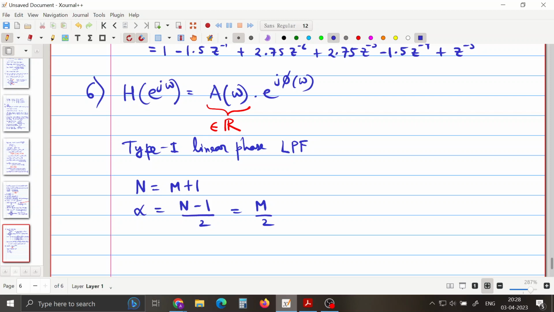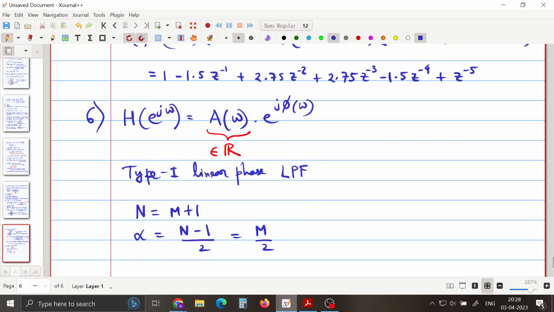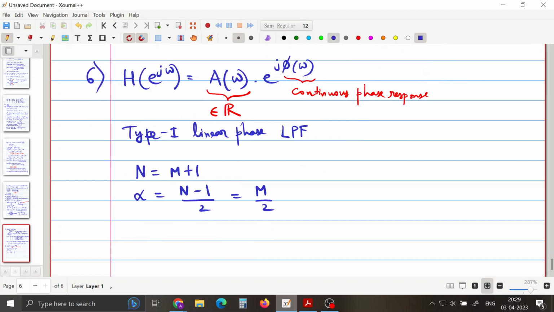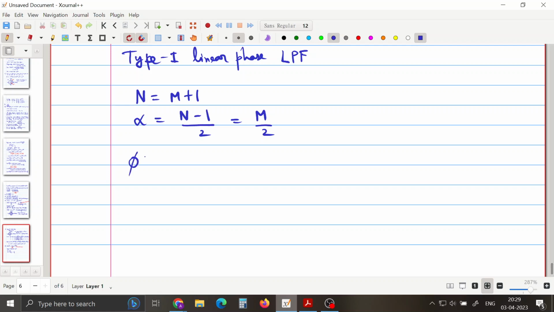Now this phi of omega is the continuous phase response, and phi of omega is actually given by minus alpha omega plus beta, and for type 1 and 2 usually this beta is 0.